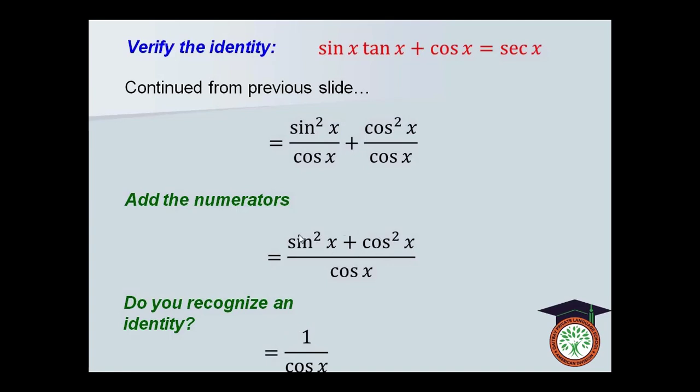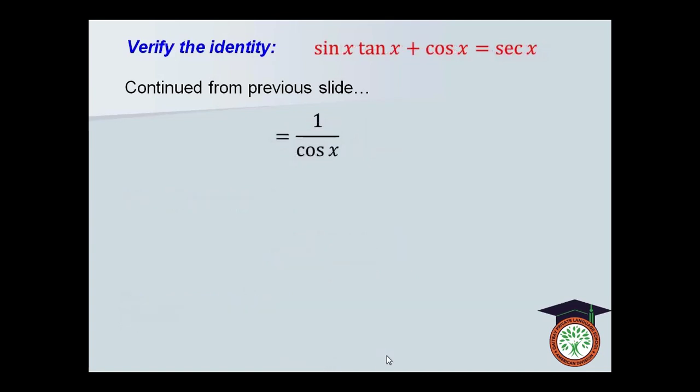So the whole expression equals 1 over cosine x. Who can tell me 1 over cosine x equals? Super, 1 over cosine x equals sec x. This is the reciprocal of cosine, which is sec x, which is equal to the right side. So I proved that all this complicated side equals sec x.